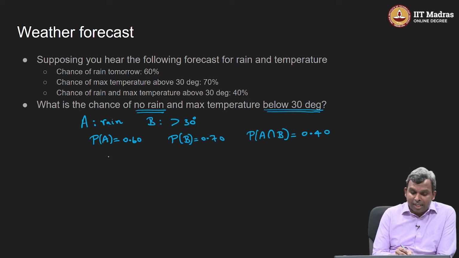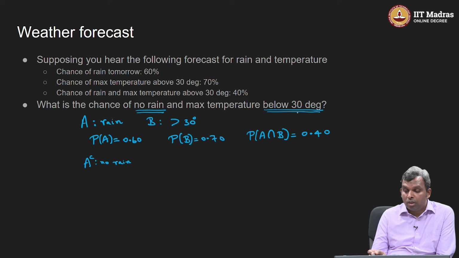So what is the desired event here? No rain is A complement, right? A complement is no rain. Maximum temperature below 30 degrees, so maybe we will take this conveniently to be greater than or equal to, so that there is no confusion with this below, greater than, etc. So then you have B complement, which is below 30 degrees.